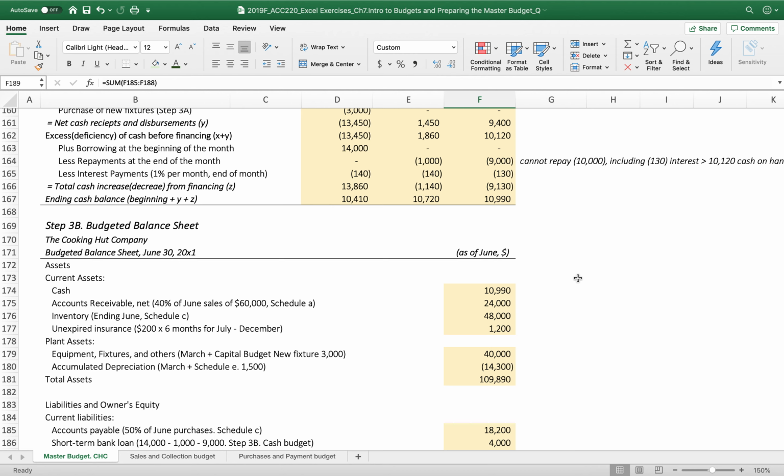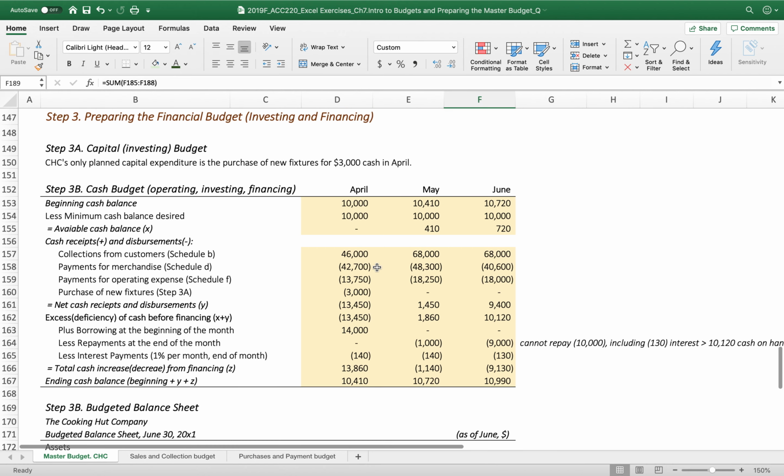Alternatively, management may explore the effects of various adjustments in the timing of cash receipts and disbursements. Okay, so it's all about cash management, planning and spending based on the actual cash on hand that they expect, right? So let's finish this video clip and then see you in the next video clip.